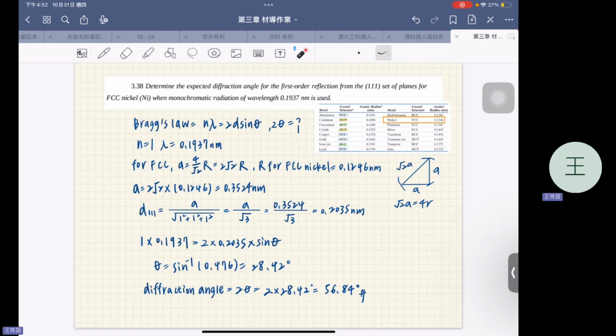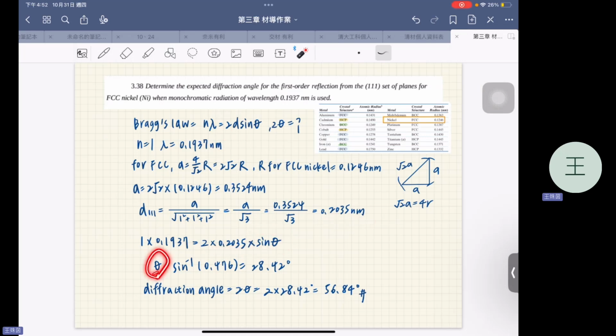Afterwards, we know how much A is, and we can use the equation to get the interplanar distance. We put A inside and get D for the 111 plane as 0.2035 nanometer. Then we put it back into Bragg's law: 1 times 0.1937 equals 2 times D, with D here, times sine theta.